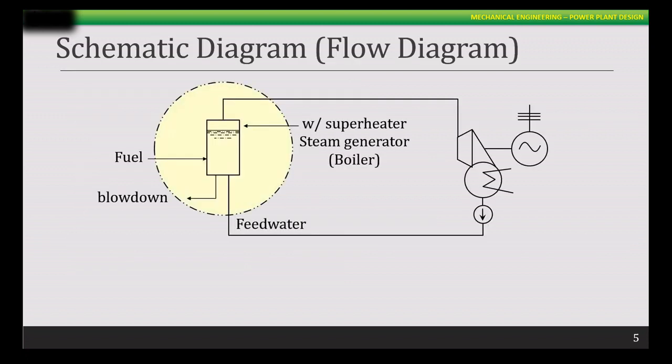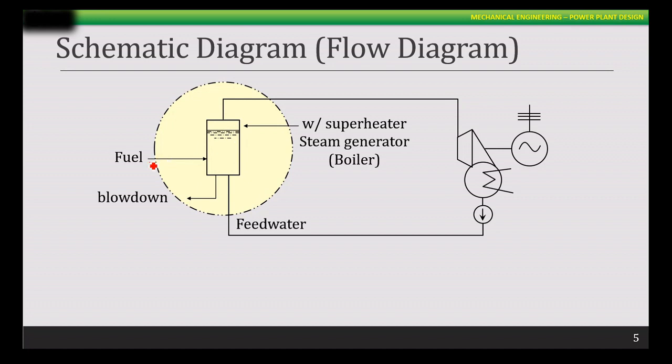Okay, so let's look at the schematic diagram. So this is our turbine system here in this area. But we also have this boiler, it seems separate. The feed water enters the boiler, and then leaves the system to supply the turbine.